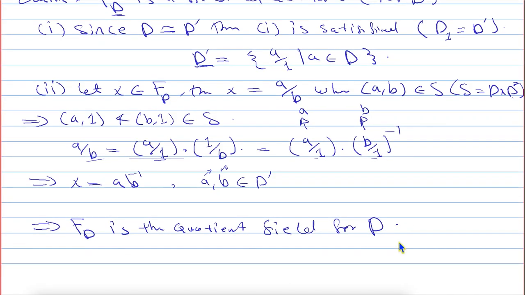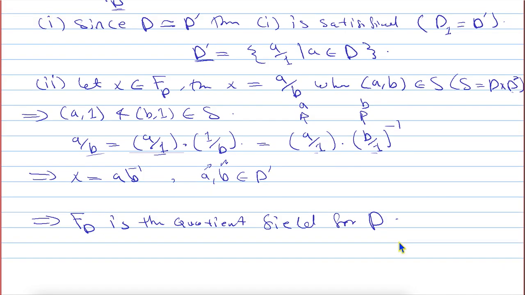The quotient field is also called the field of fractions, the field of fractions of an integral domain. This is also a second term that you will find in some textbooks.